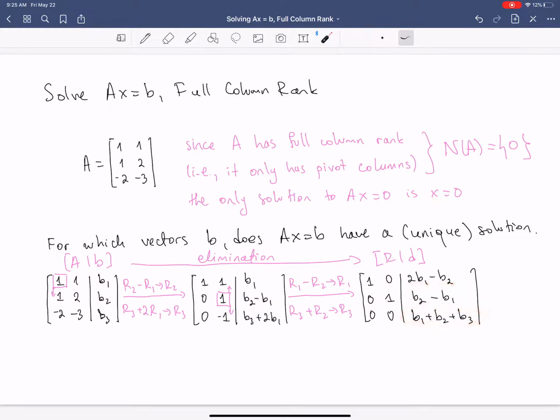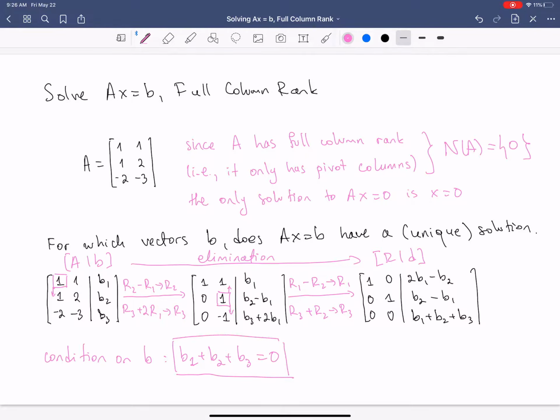It doesn't matter what the other components are, because you can always say this number times 1, 0, 0 plus this number times 0, 1, 0 gives the vector with those components, as long as this is 0. So the condition comes from that 0 row. The condition on B is that the sum of its components must be 0.